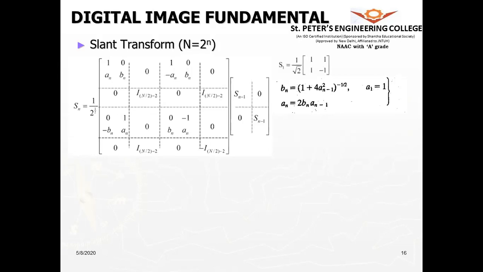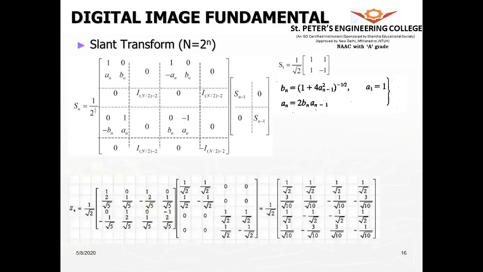Now for S1 we will have this as a starting matrix. So let us say we want to compute S4, that means 4 element by 4 element. In this case, we can see that from the first square of Sn, we have 1 and 0 written as it is, and then the an and bn values will be 2 by root 5 and 1 by root 5 from this equation.